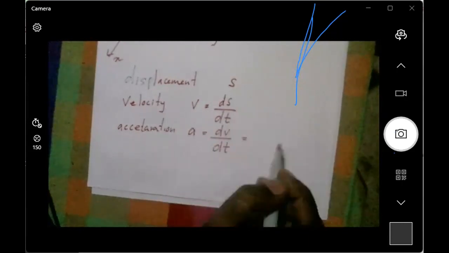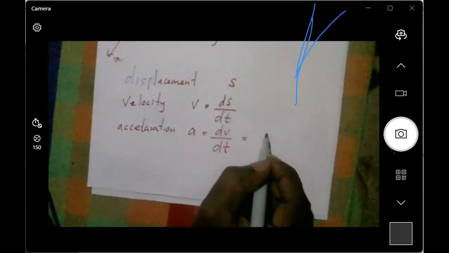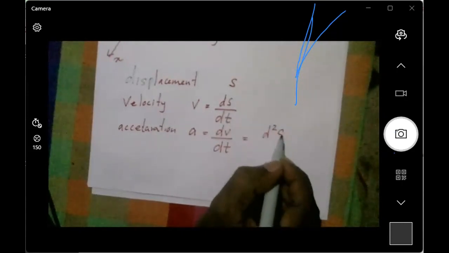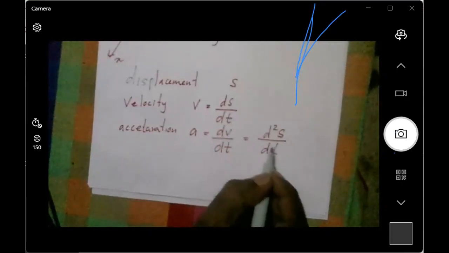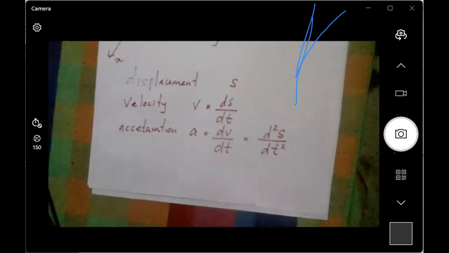So the acceleration is the second derivative with respect to time of the displacement, right? This is in the one-dimension case.